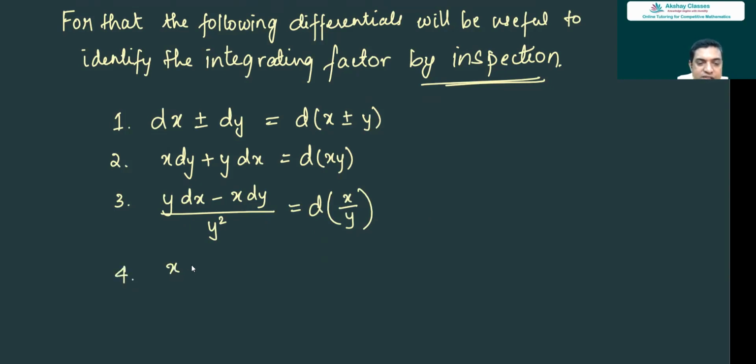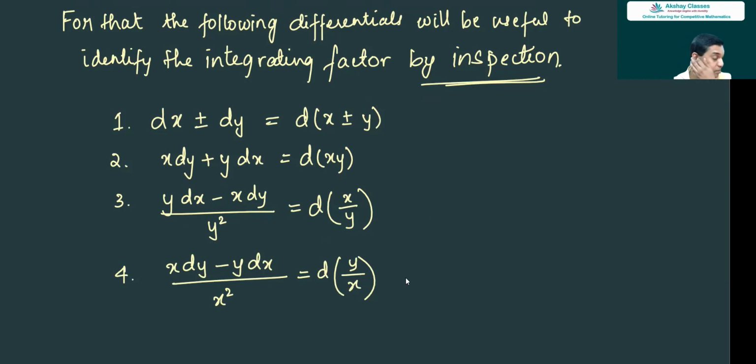And the same thing, if it is x dy minus y dx upon x square, this will be the exact differential of y upon x. Again, you can apply the u by v rule, split it into two, 1 by y dx minus x into dy by y square. So you can convert and bring to u by v, or just remember the u by v rule of differentiation.